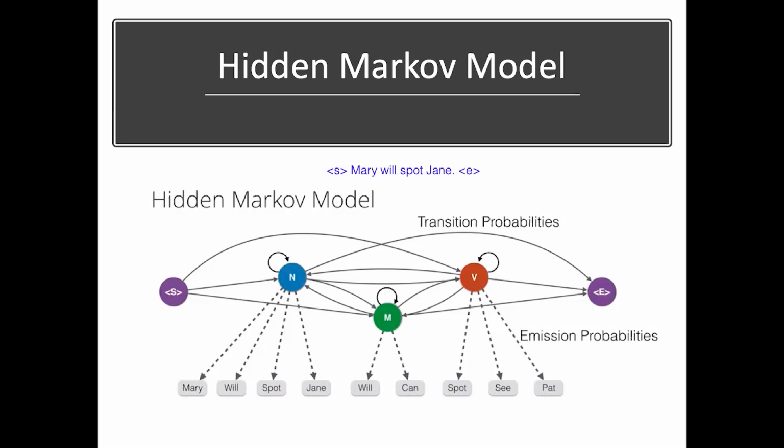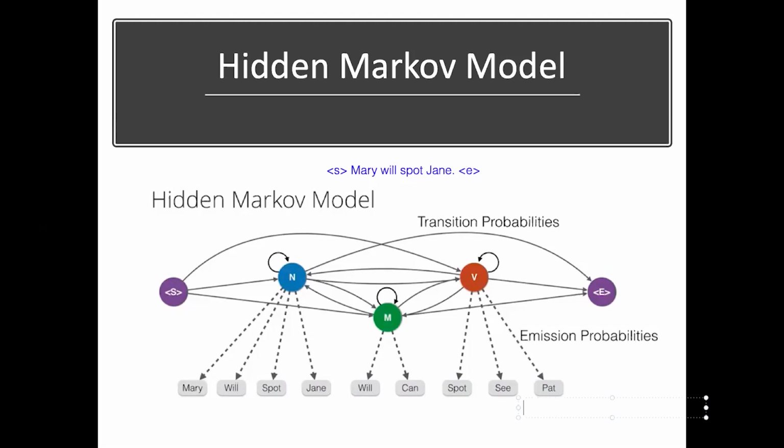If you have done graph analysis, a topic in math, computer science and automata theory, you will find that this graph looks very similar. If I want to transition from the start to the first word, Mary, I will see the transition of a node from S to N, and it comes with certain probabilities.